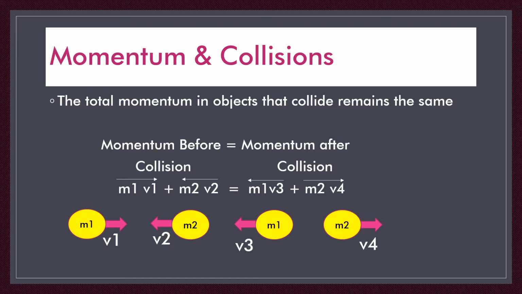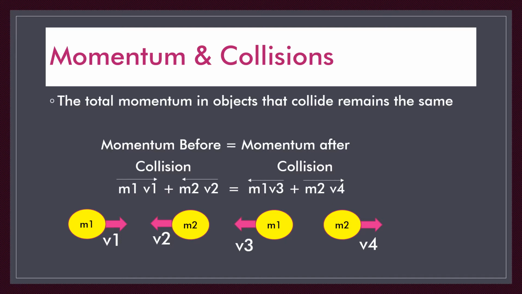When the m1 and m2 objects come from opposite directions, these two objects collide. Afterwards, the total momentum after the collision remains the same. Therefore, we can write the momentum after the collision as m1 multiplied by v3 plus m2 multiplied by v4.